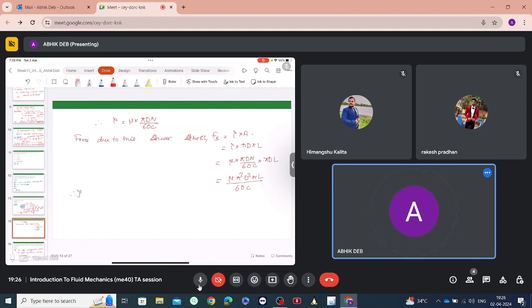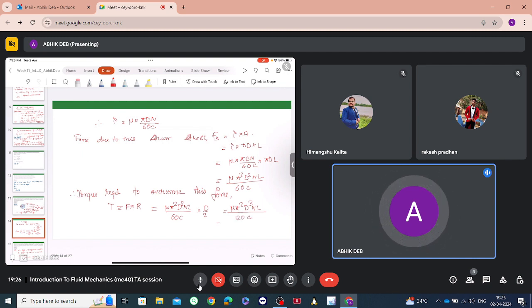Therefore the torque required to overcome this force, T, is force multiplied by R. Okay, so mu pi square d square nL by 60 c into d by 2, or mu pi square d cube nL by 120 c.